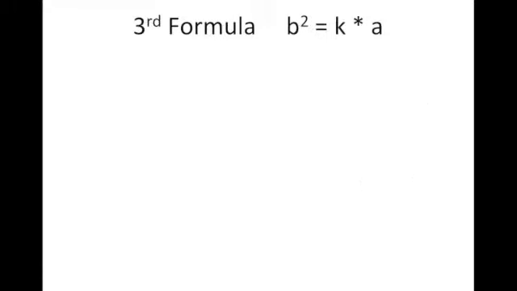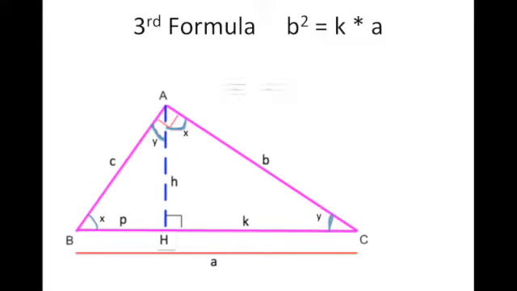For the third formula of the theorem, we will focus on the similarity between triangles ABC and HAC. We are going to take the ratios of the sides across angle X and Y and we will write them down. It will be AC divided by HC is equal to BC divided by HC.